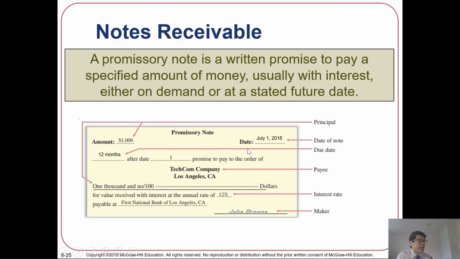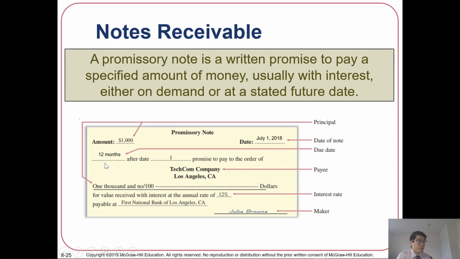And the date of note, which is the issue date, is July 1st, 2018. This is the date when this $1,000 note is issued to your customers or some third parties. And for how long? For 12 months.